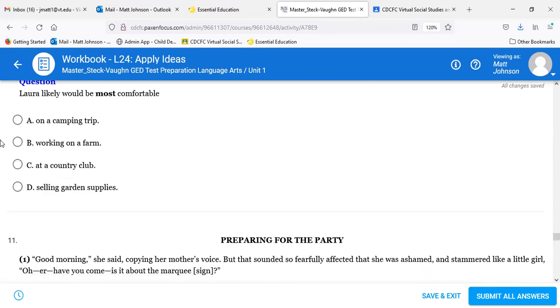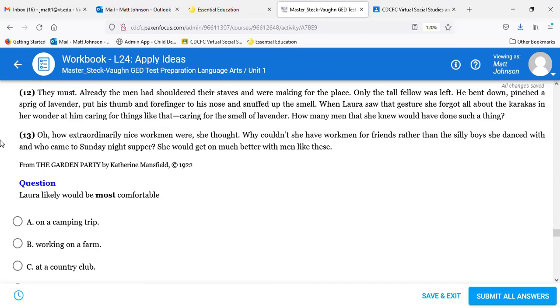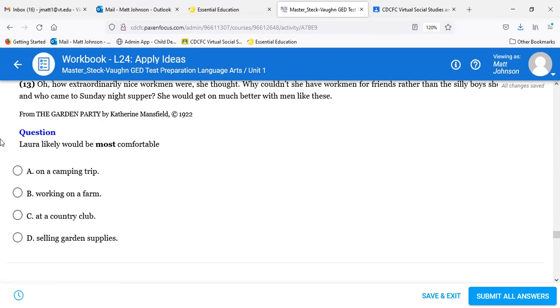And let's see, Sasha Gay, you want to read 10 for us? Laura likely would be most comfortable: A, on a camping trip. B, working on a farm. C, at a country club. Or D, selling garden supplies.